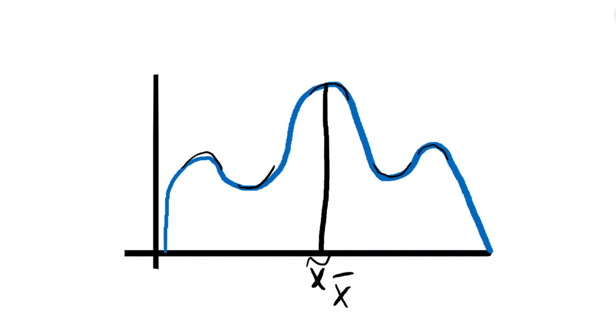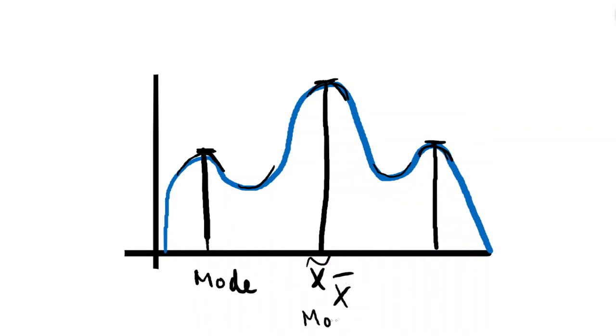And a local maximum is when it's gone up and then starts to go down. So we see here we have 3 of these. And the maximum is at the highest point of these. So all of these points are going to be the mode. Even if this is the highest point, these are still considered modes.